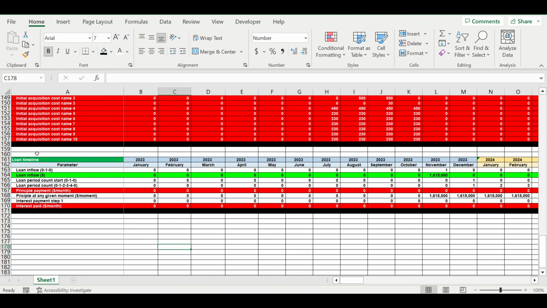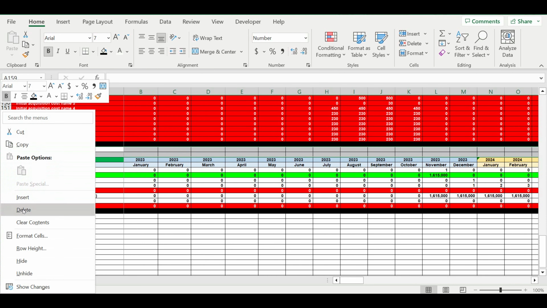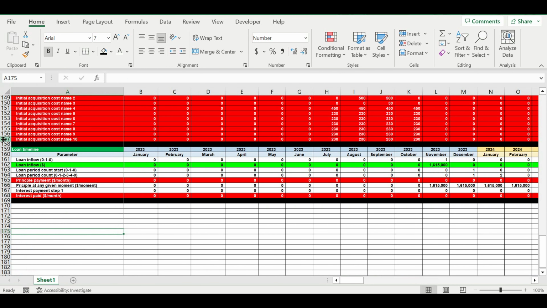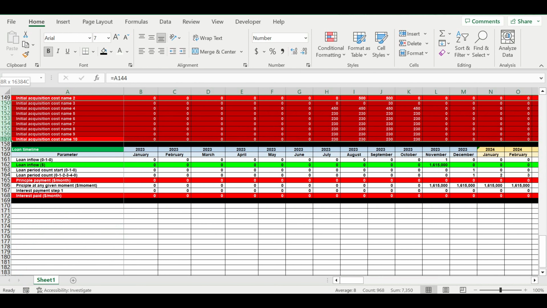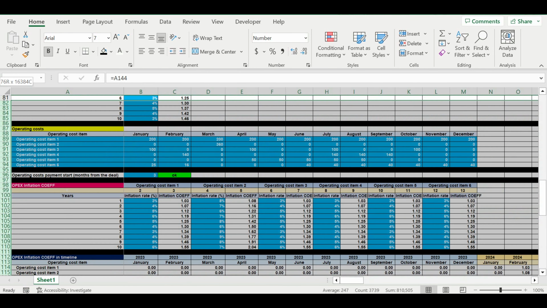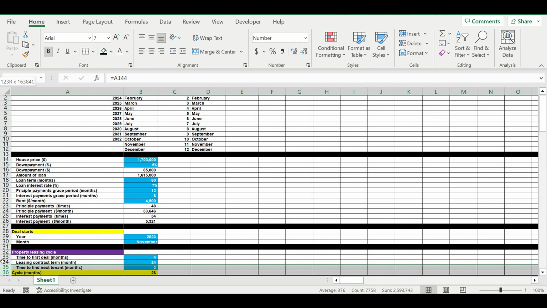And now let me delete these lines. Let me just hide all this data a second.